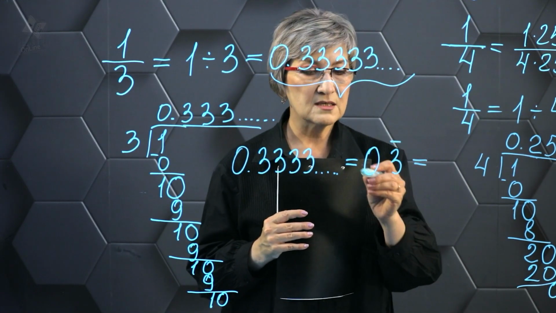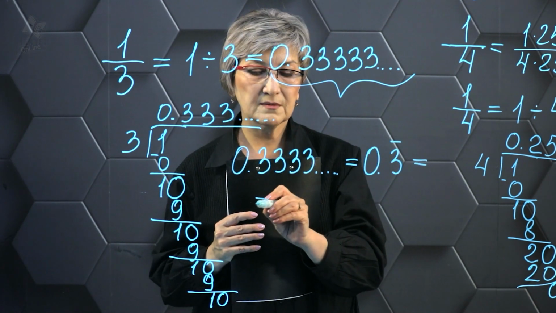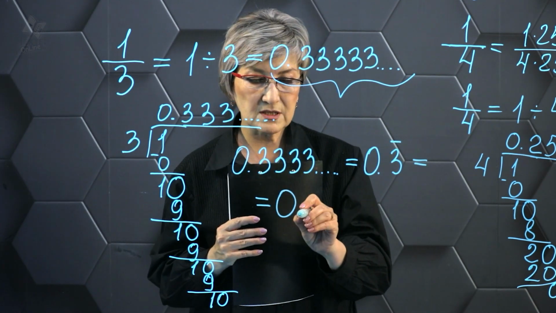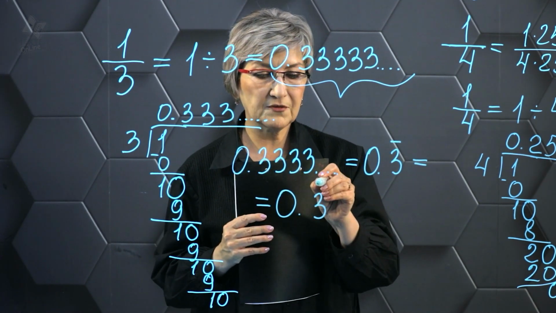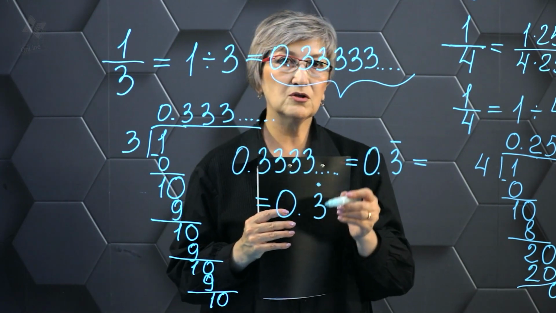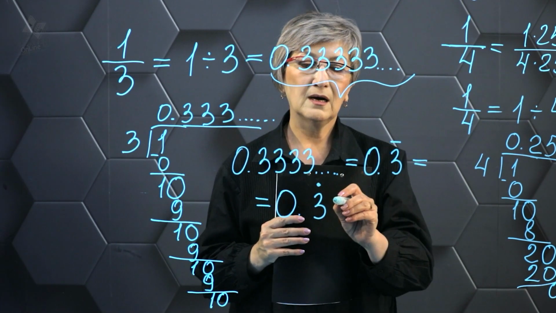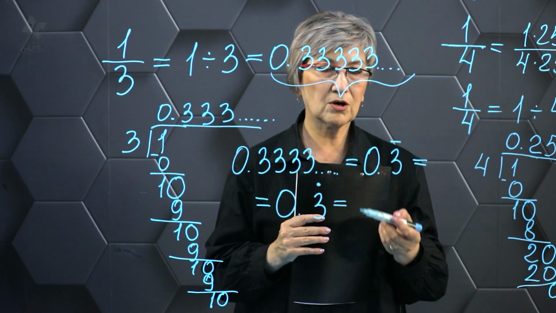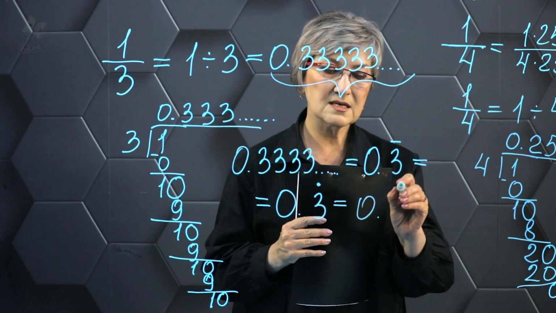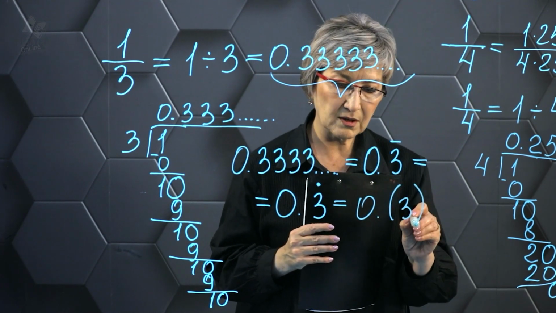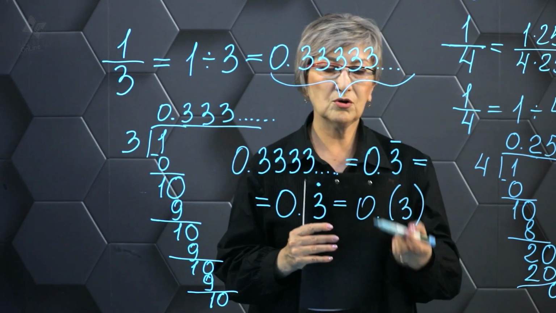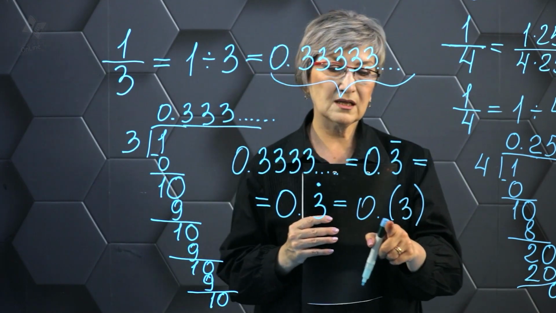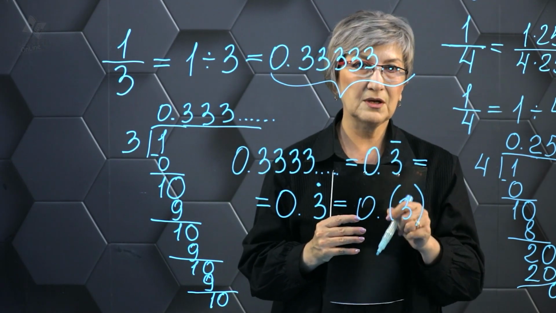We can write it down in another form. Write it as 0 integers and the number that repeats, put a dot above it. Or mark the number that repeats and write it in brackets. The number should be read like this: 0 integers and 3 in a period.